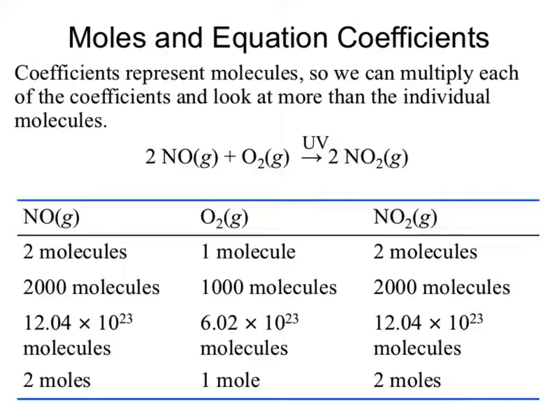So depending on what I'm working with or what unit I'm working with, my equation can convert any of those things across because those are all equalities. Which can be really nice, but how often are we going to work with a molecule? Probably never, because it's tiny. How often are we going to work with 2,000 molecules?